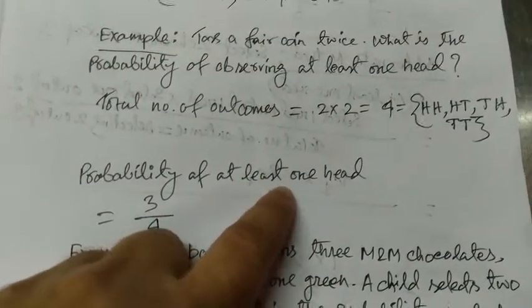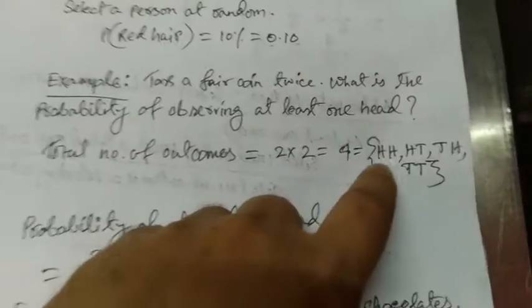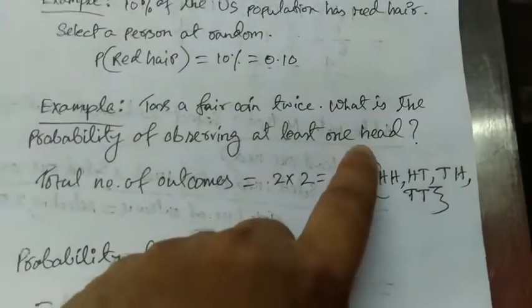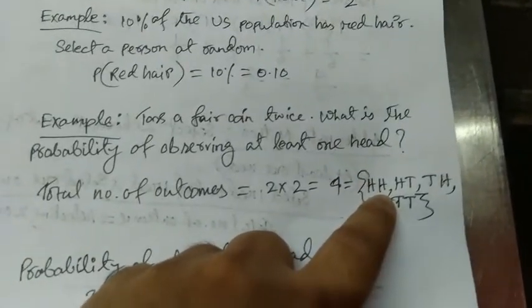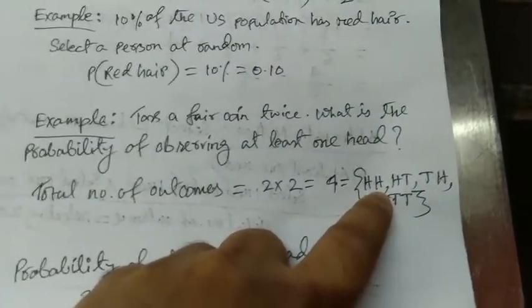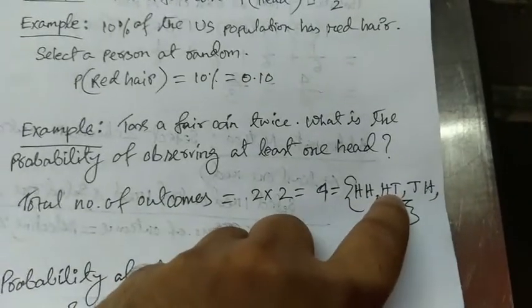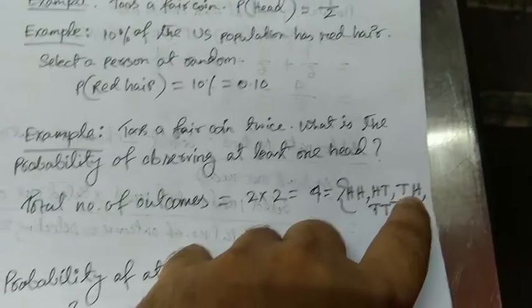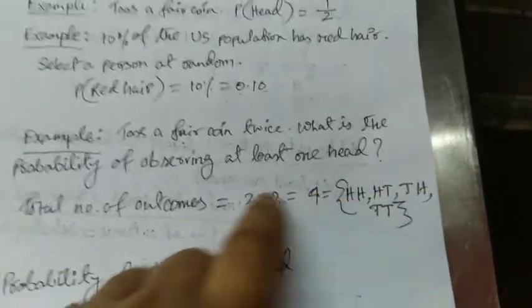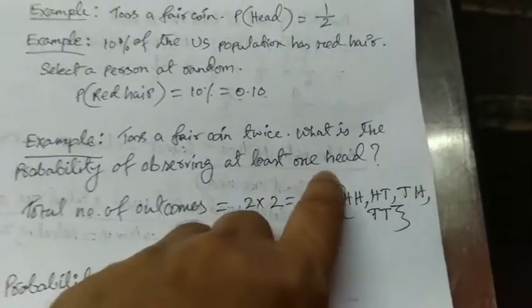Probability of at least one head. As you can see here, at least one head means minimum one head. So this one qualifies, it has 2 heads. That means at least one head is there. This one also has at least one head. This one also has at least one head. That means a total of 3 outcomes for observing at least one head.